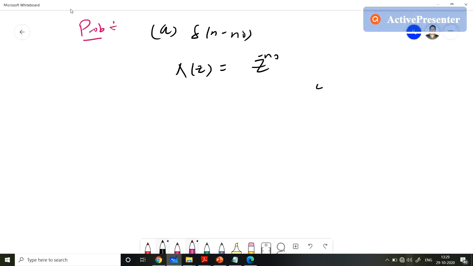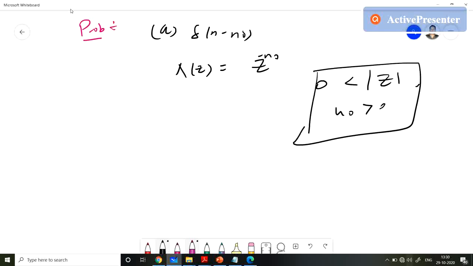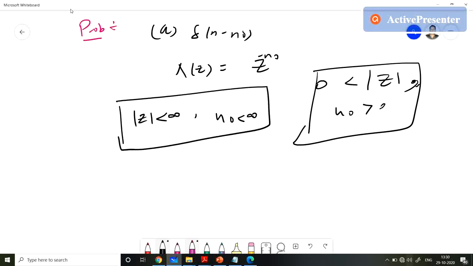The ROC is basically 0 is less than modulus of z when n naught is greater than 0. So this is the ROC. And the second case is when modulus of z is less than infinity, when n naught is less than 0. So this is the second ROC. So it depends on the value of n naught.